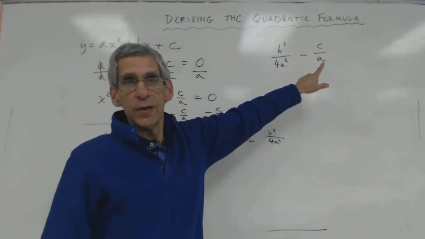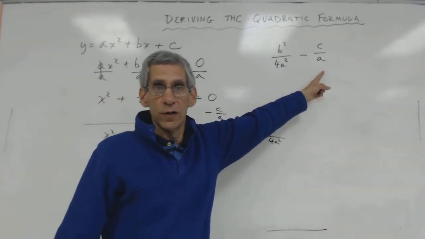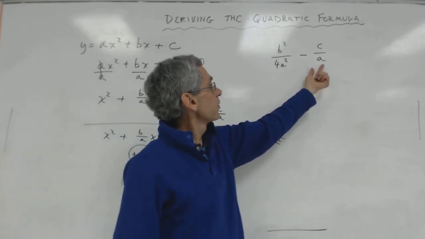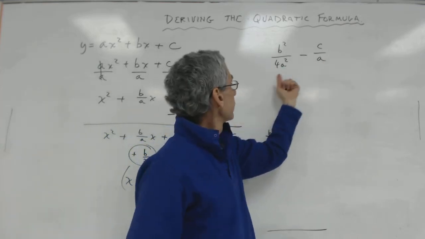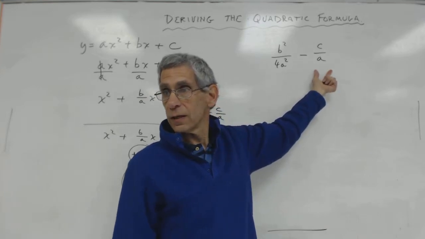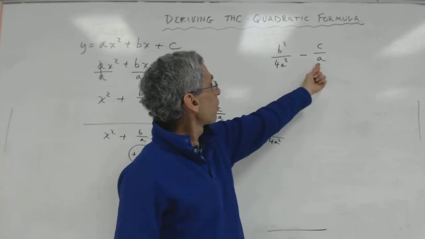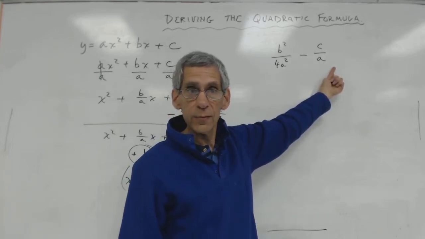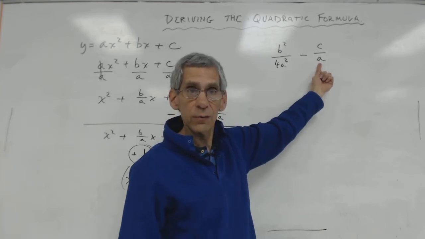What would my denominator have to be over here? 4a squared, right? So what would I have to multiply this a by to turn it into 4a squared? Just a 4a? Yeah, a 4 times an a would give me 4a squared. Do you agree with me?